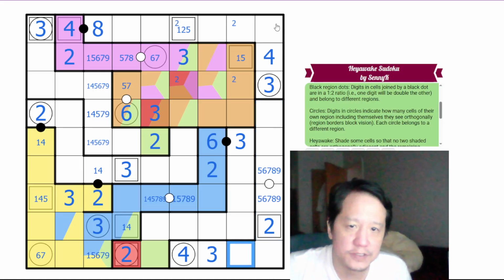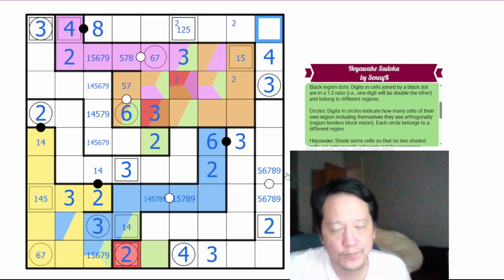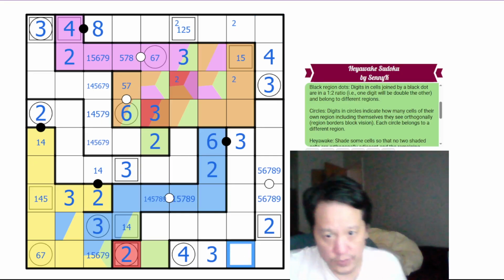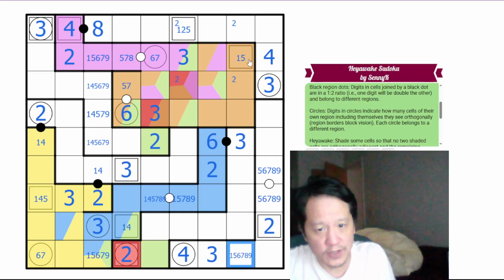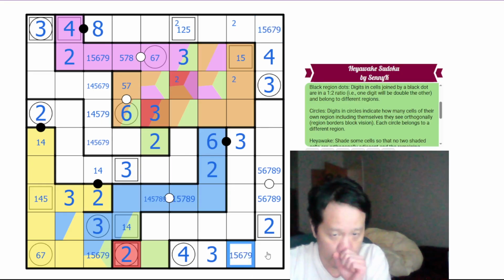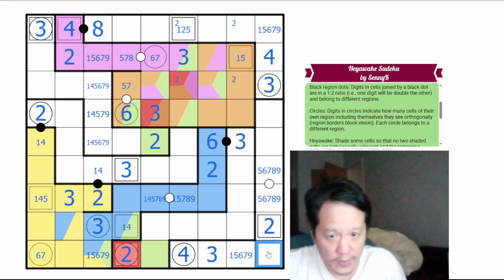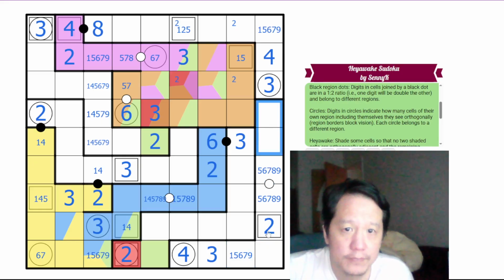This cell is the same as that cell. So it could be 1, 5, 6, 7, 8, 9, which matches that. This can't be 8, so this can't be 8. 3 and 4 match these 2.